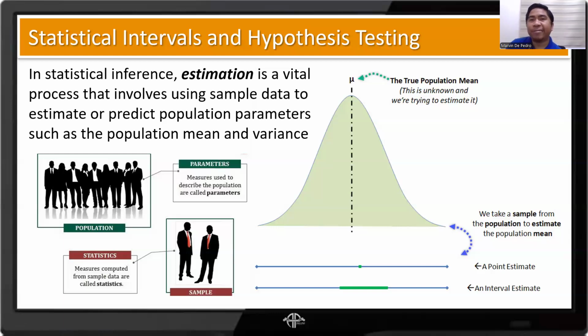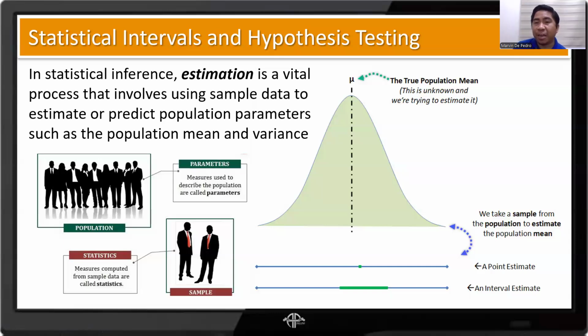In most cases, the population mean is unknown, and we are just trying to estimate it. That's what estimation is all about. We do that by taking a sample from the population to estimate the population mean, and we have two main options on how we do that.